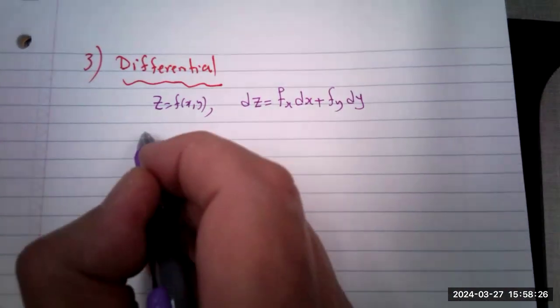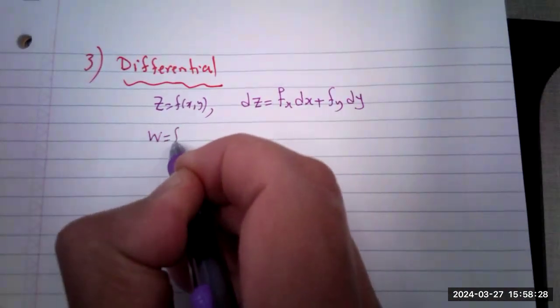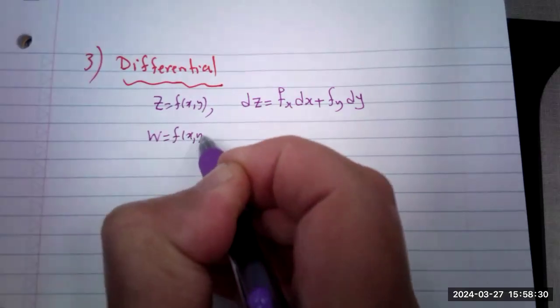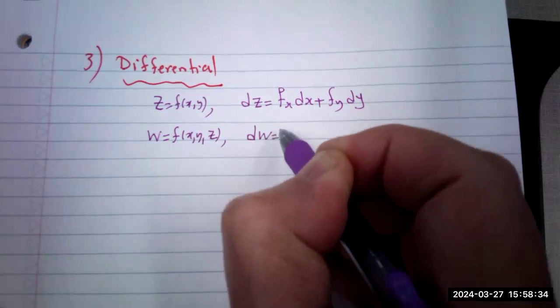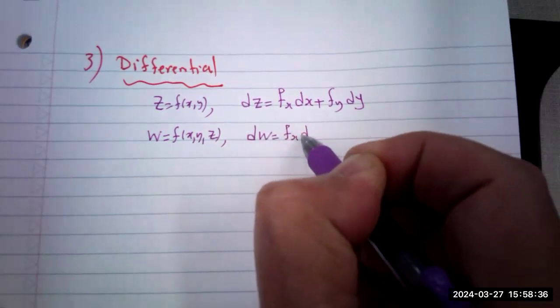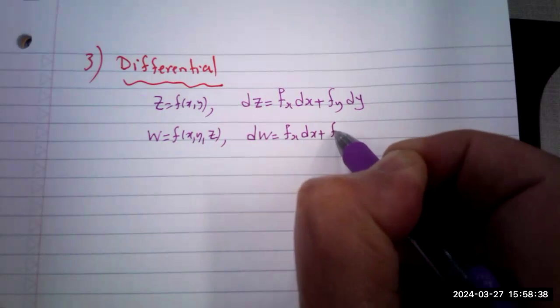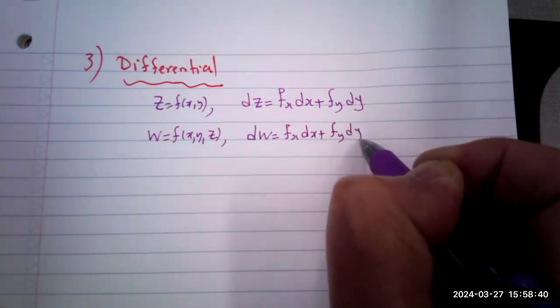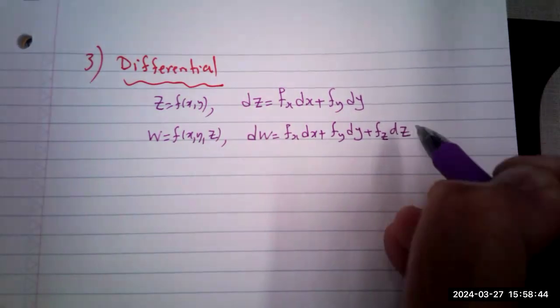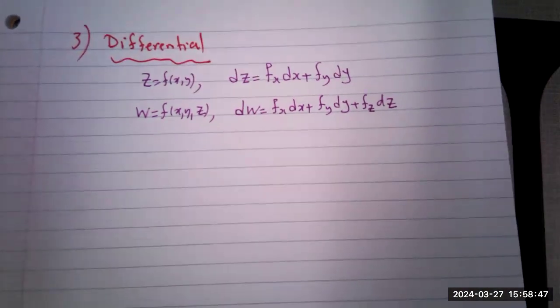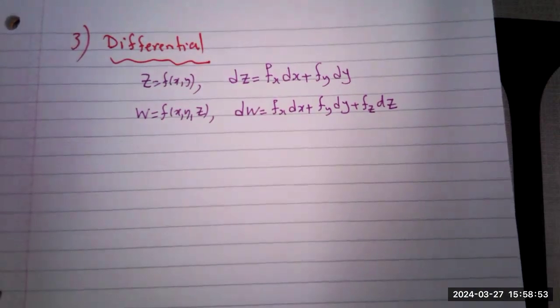If the function is a function of three variables, f of x, y, z, differential of w is partial with respect to x times dx plus partial with respect to y times dy plus partial with respect to z times dz. This is all we need. Usually they give you two and you check either one.